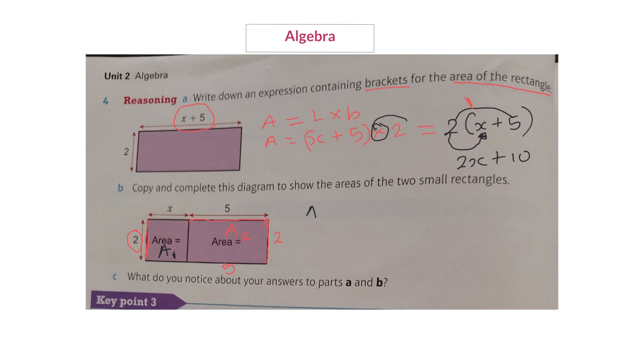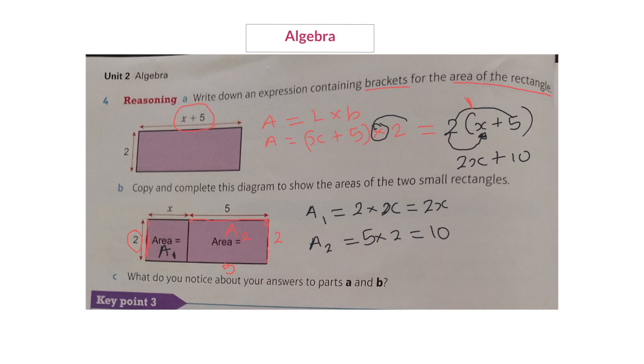The area of the first rectangle would be length times breadth again, and that should be 2 times x, and that should give you what? 2x. Excellent. Then we move to A2, which will be 5 times 2, and that will be 10.